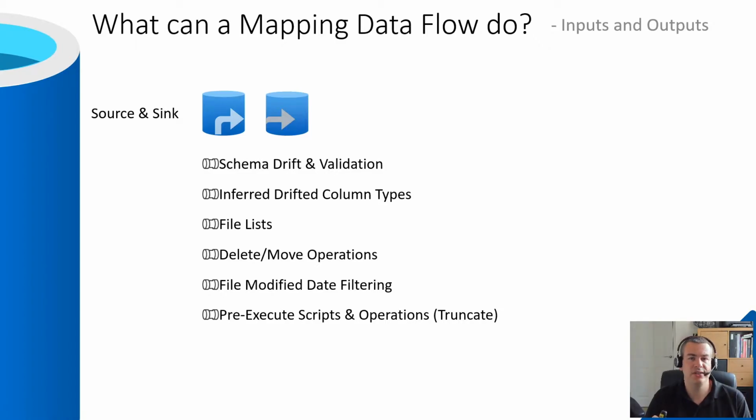And we can do things like true data move operations where we delete what was on the source side before we move it to the sink. So a few things that are quite nice, certainly features that we don't get at the control flow if we were using a copy activity on its own. These are things that we can work with now that we're into that row level transformation.